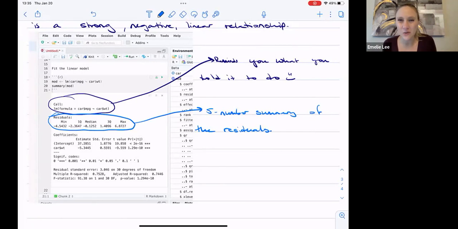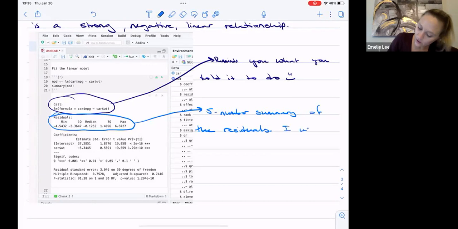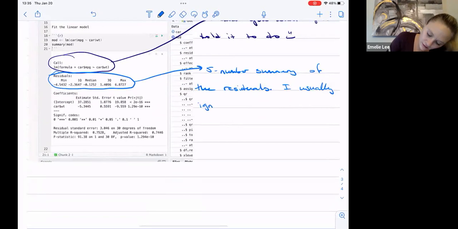I usually ignore it though. I completely don't look at this. I just go straight to the coefficients typically. But it's there if you wanted to, but it doesn't cut out the need for a residual analysis. So that's why I don't even bother. So I usually ignore this.